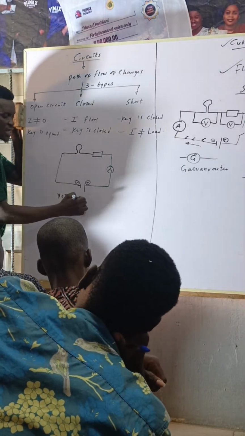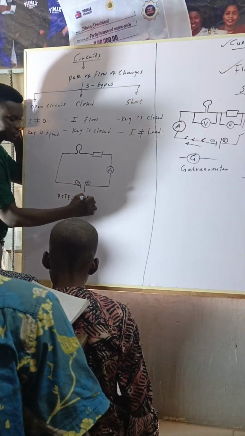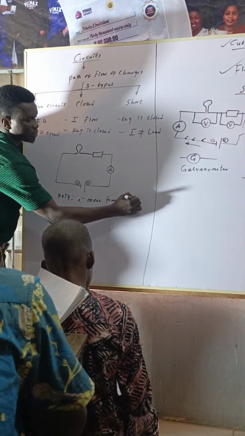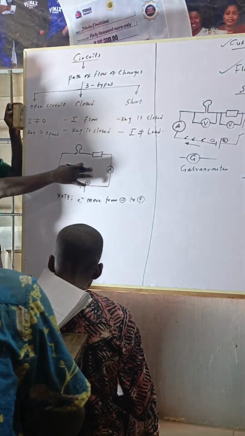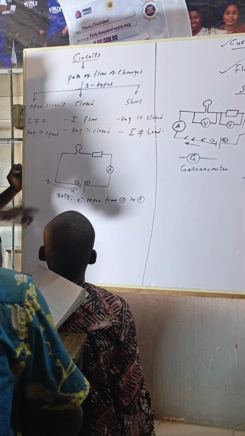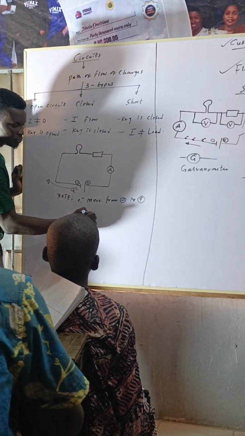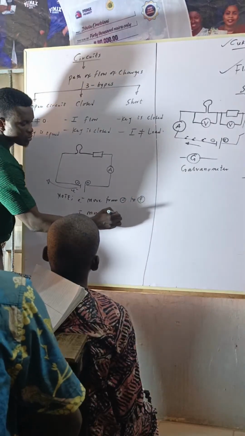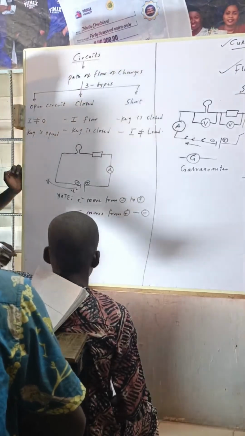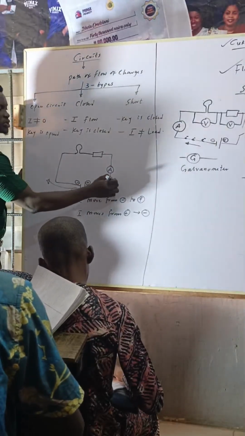Electrons or charges move from negative to positive. So in a circuit, electrons move this way, from negative to positive, while current moves from positive to negative. I hope you're following. So current moves in the opposite direction.